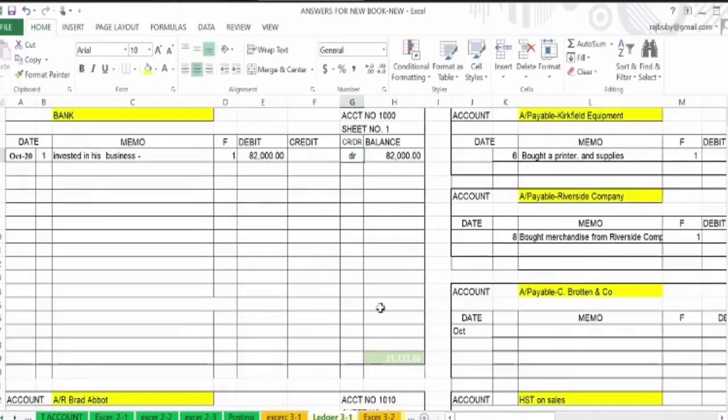Until you get a minus balance, this one is going to be a debit balance. Okay. Are you recording? We are going to record in two ledgers. It's easy to copy and paste.